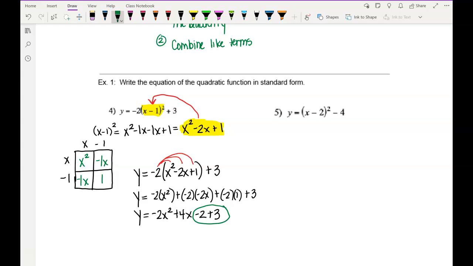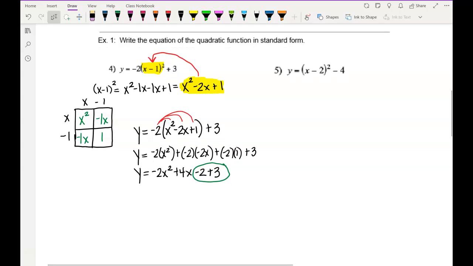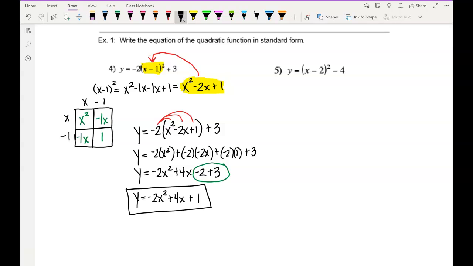Neither of them has a variable, which makes them like terms. So we get y equals negative 2x squared plus 4x plus 1. That would be the standard form of that vertex form.